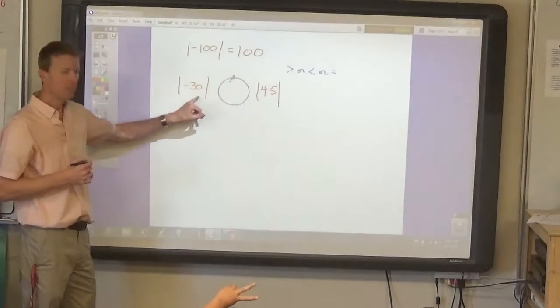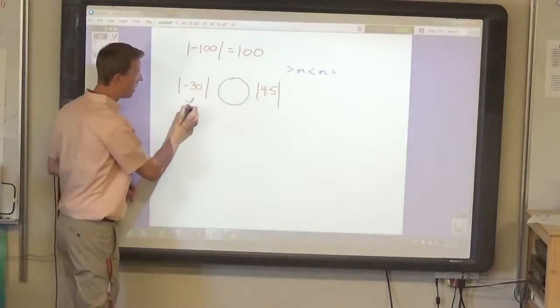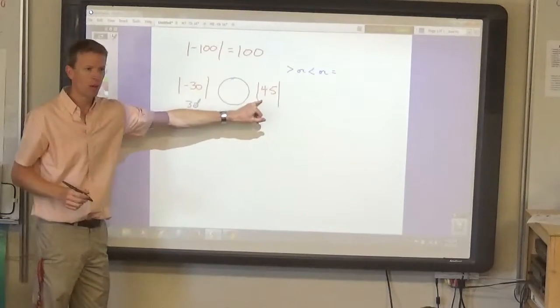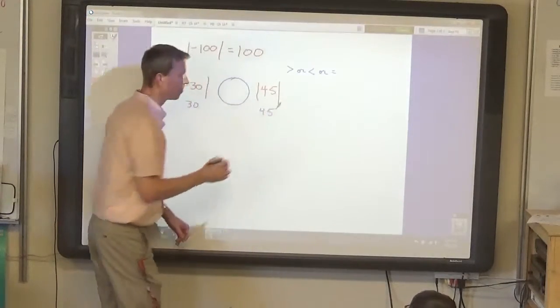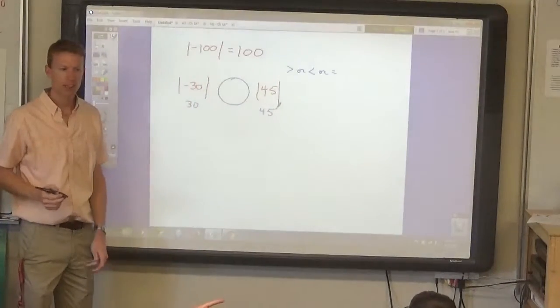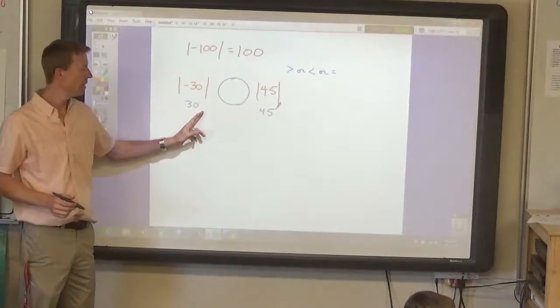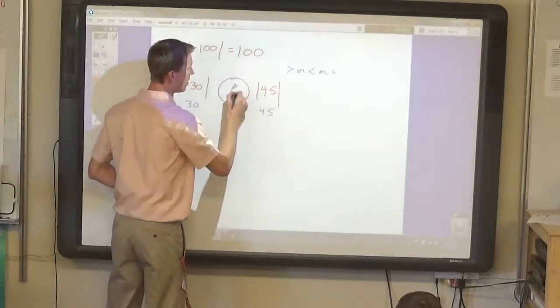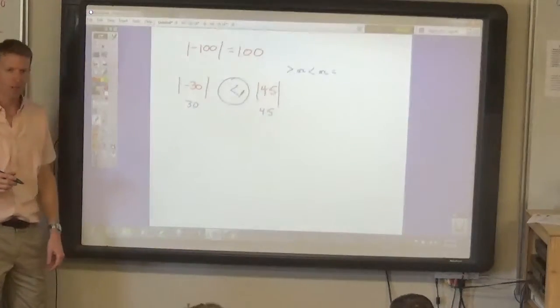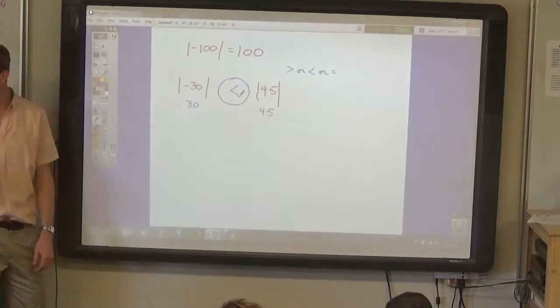The absolute value of negative 30 is positive 30. And the absolute value of 45 is 45. And so, which symbol? 30 is less than. So it points to the left. 30 is less than 45. Okay?